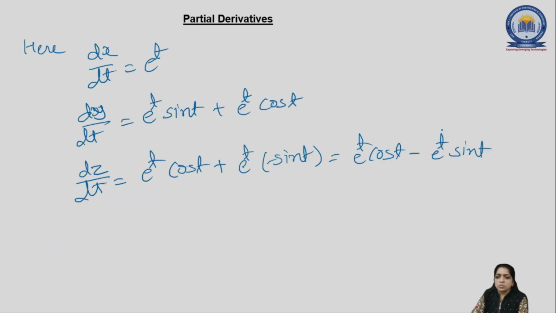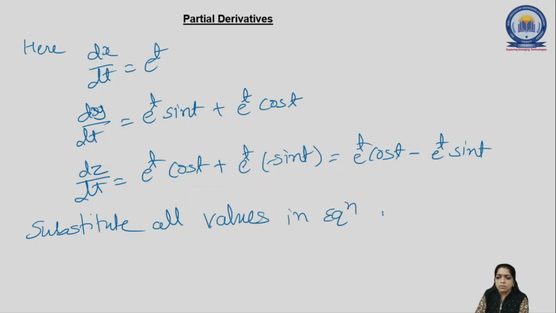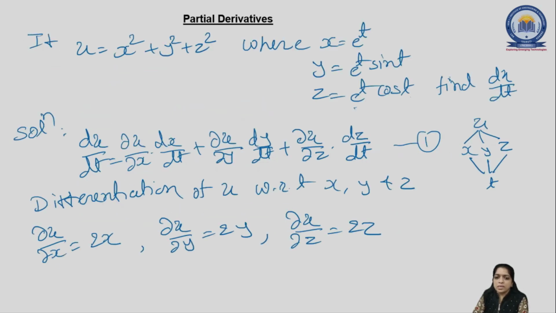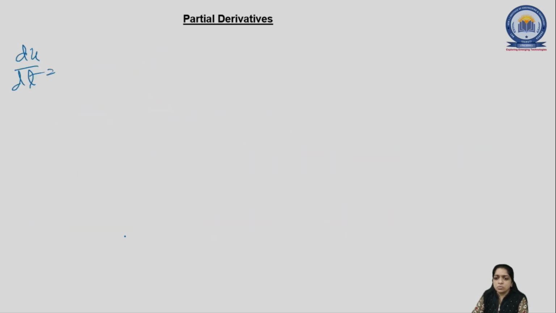Okay, so substitute all values in equation 1. So du by dt is equal to the value of del u by del x, that is 2x, into dx by dt, and that is e raised to t.